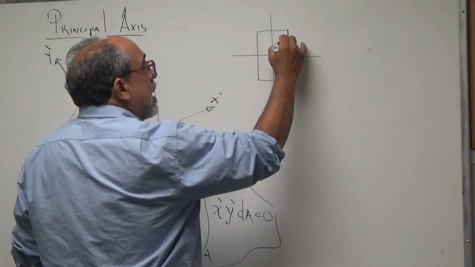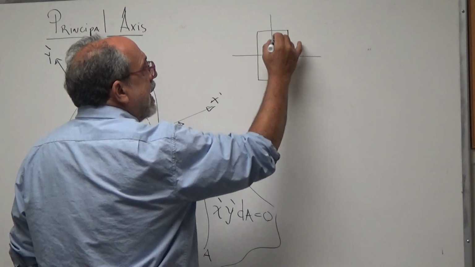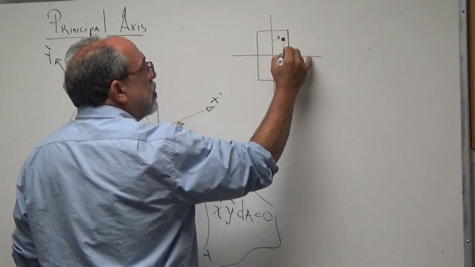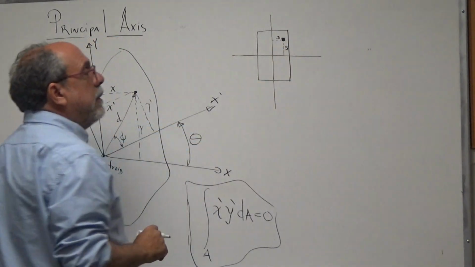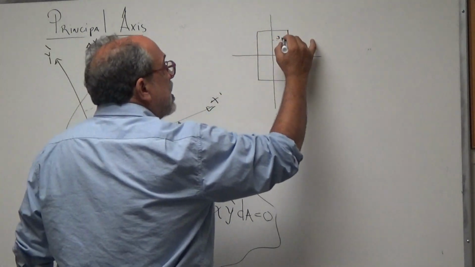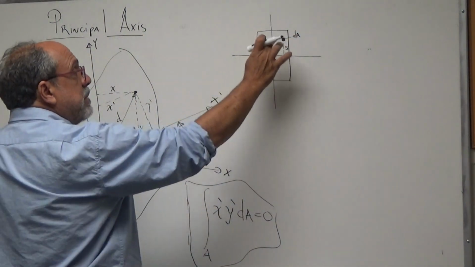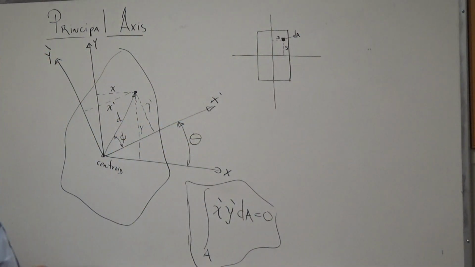So let's say you take that point, which happens to be, let me use numbers to make it really clear. Let's say it happens to be 3 to the right and 5 up, right? So the contribution of that little thing, which is a dA in area, to this integral is 3 times 5 times dA, right? Now, in order for us to cancel that one, we just need something which is 3 and minus 5 in dA, right?